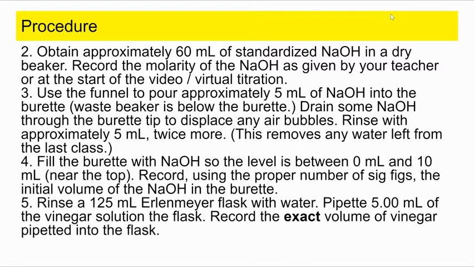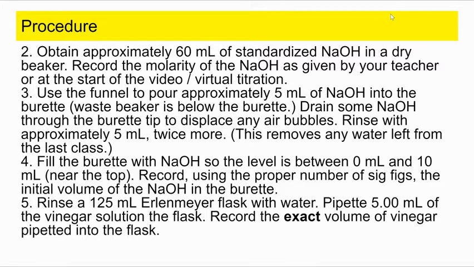And then finally, once your burette is ready, you can fill it with the sodium hydroxide so that the level is somewhere between 0 and 10 milliliters near the top. And make sure we record our exact initial volume of sodium hydroxide using the correct number of significant figures based on the precision of the burette as our tool.